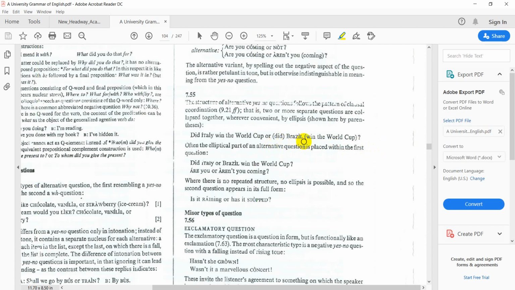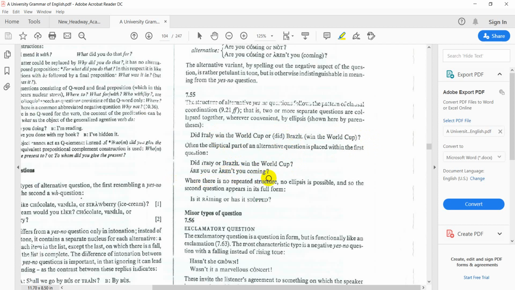It is preferable not to delete the second repeated items; it is preferable to delete the first. Often, the elliptical part of an alternative question is placed within the first question. So instead of saying, did Italy win the World Cup or did Brazil win the World Cup, it will be: Did Italy or Brazil win the World Cup? The second part is kept as it is, and the first part is ellipsed.